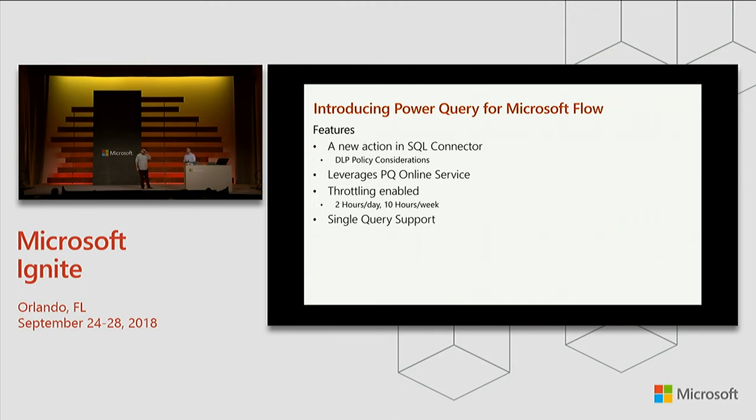So what that means is when you have Power Query Online, you have this service that is actually doing all of this processing for you. So if you have really long queries, you will eat into that entitlement. Certainly interested in hearing feedback if that's not enough. We'd encourage you to reach out because I'd really like to know that so we can work with the Power Query team on finding the right balance. And right now we are providing single query support. But I will show you how you can get around this in order to build out more comprehensive mashups.